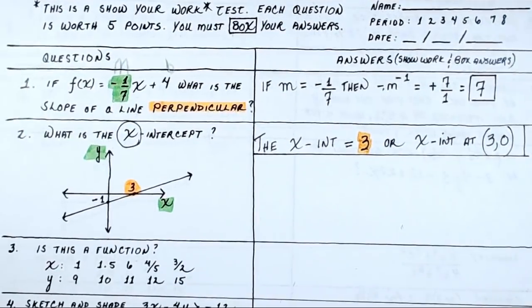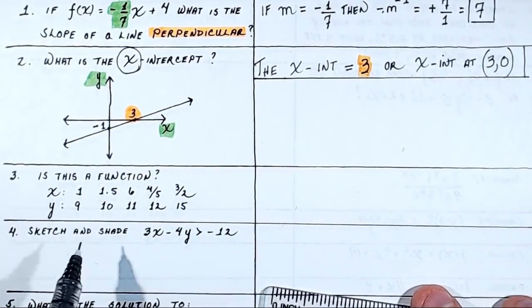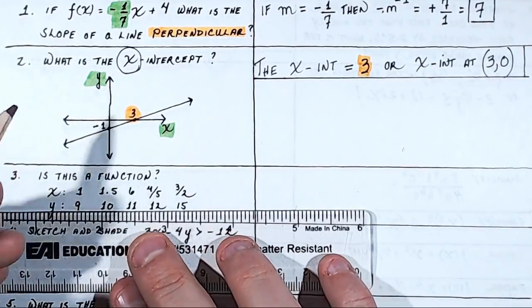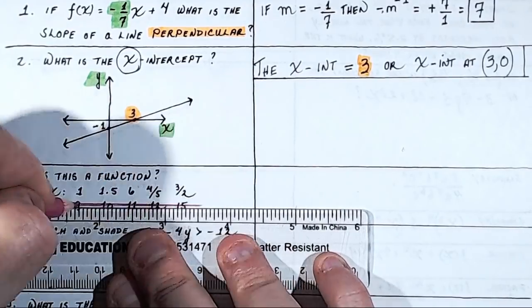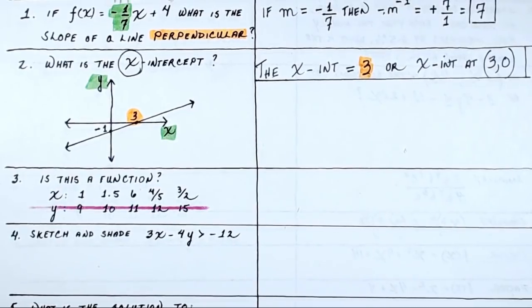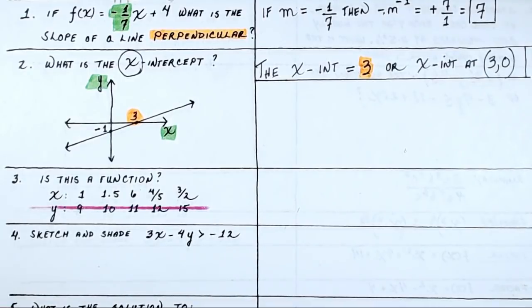All right. Number 3. Is this a function? All right, when we're examining something to see if it's a function, it's almost always the case that these y values are irrelevant. We want to see whether any of these x values repeat.